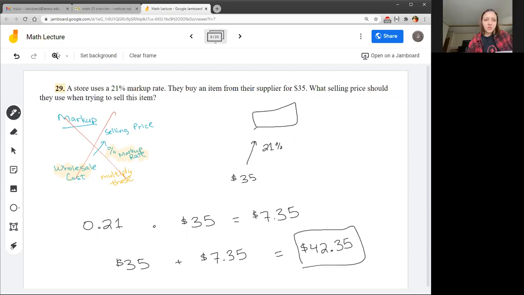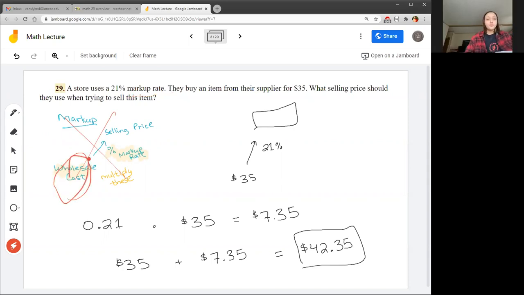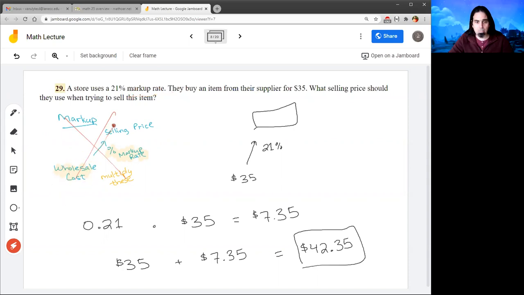Can I ask why you add instead of subtract for the? Because this one is markup. Oh, so going up, starting with the wholesale and going up to the selling price. Because it's always more expensive, the selling price? Yep.